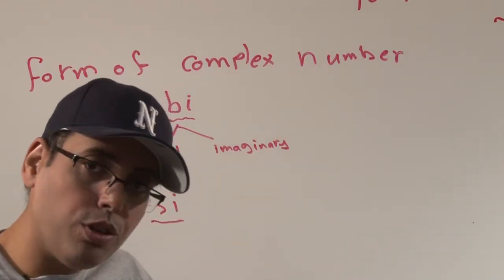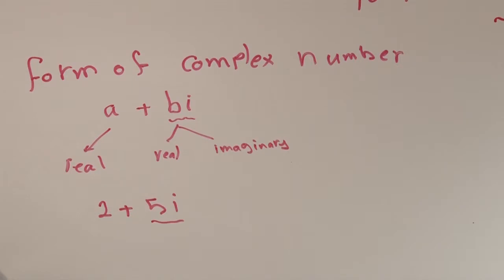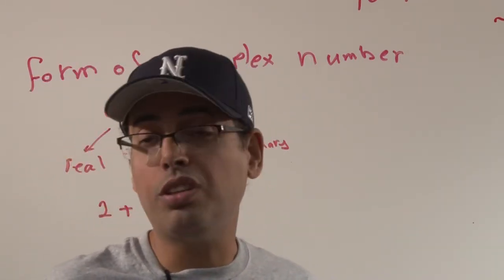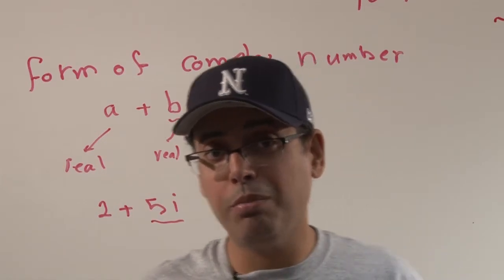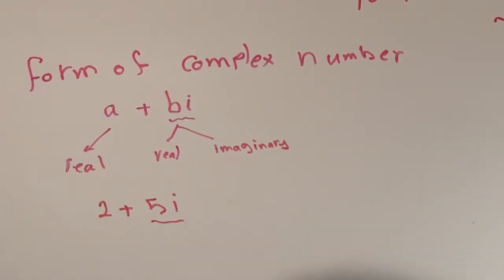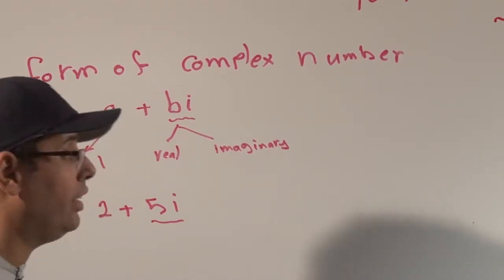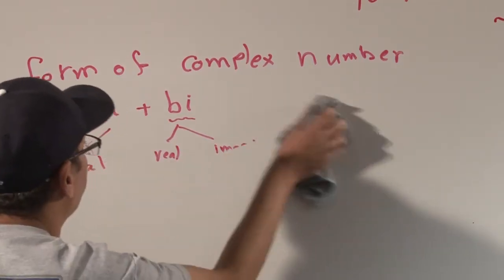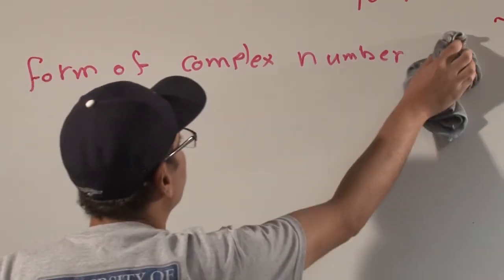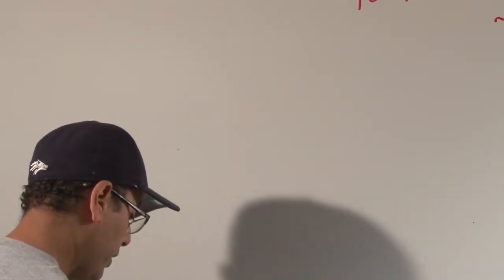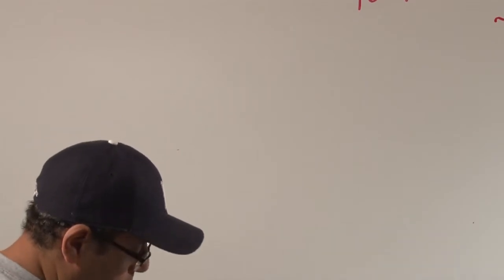As I know the form of the complex number, it's pretty easy to do some operations on the complex numbers in this form. So let's go through some examples, and that's going to make it clear. Let's take 2 or 3 examples.